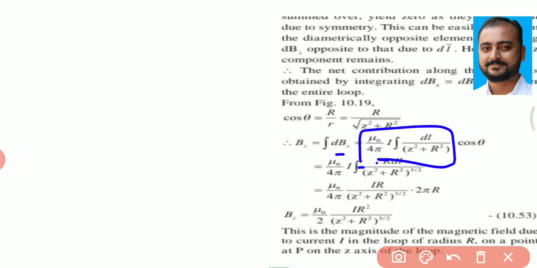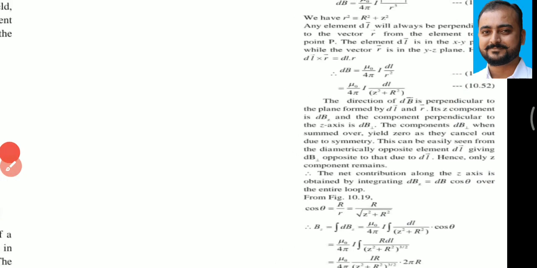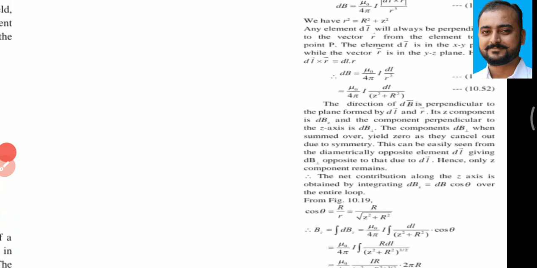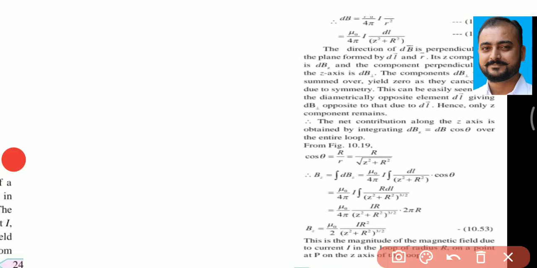This is the value of dB and this is cos theta separately. Here you can see the value of dB, that is mu 0 upon 4 pi, I into dl divided by (z square plus r square), bracket complete, and the cos theta remains outside.